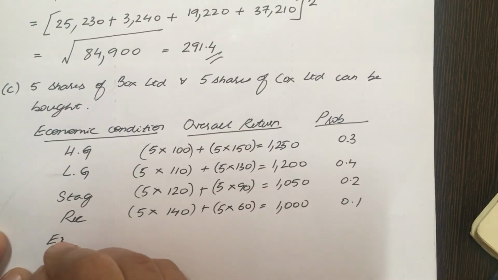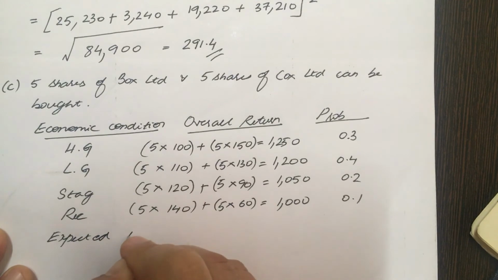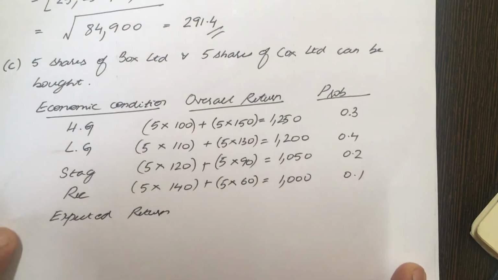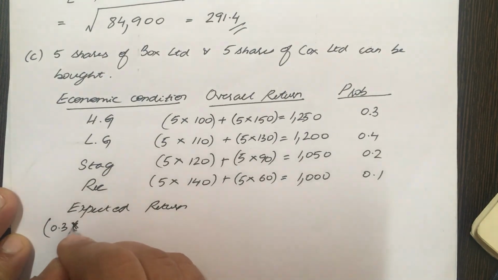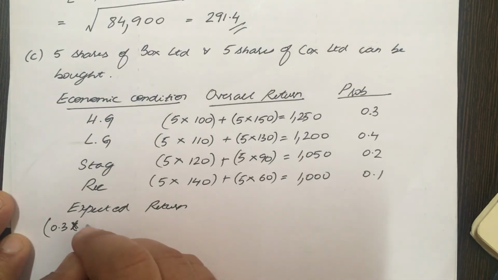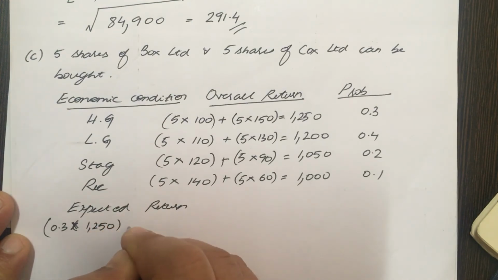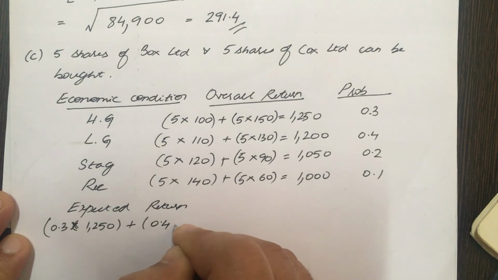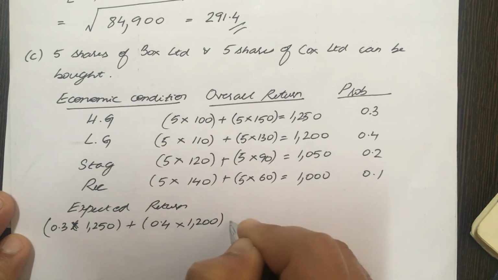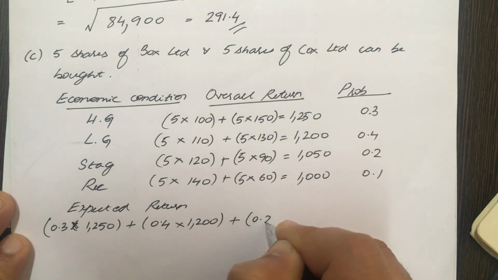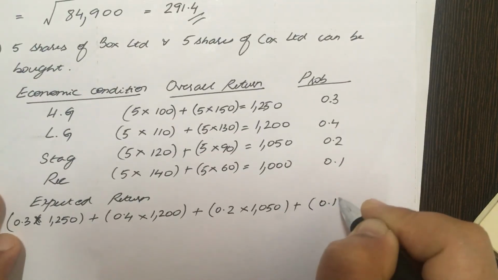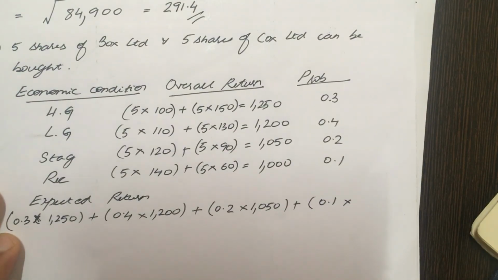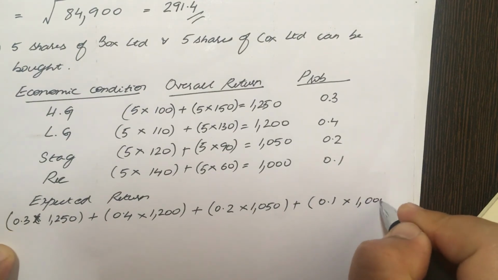Show the expected return. All right. So the expected return is 0.3 into 1250 plus 0.4 into 1200 and 0.2 into 1050 plus 0.1 into 1000.